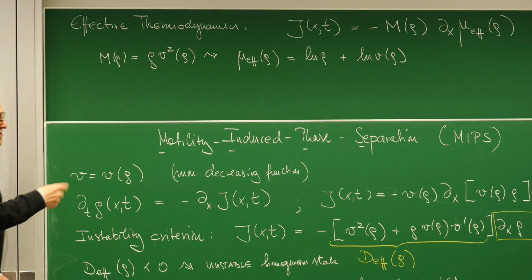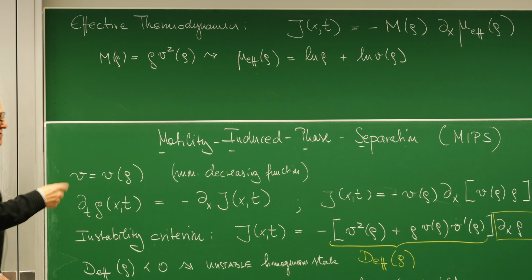And you can check, right? You just do the math, do the derivatives, and then you find that this formulation in terms of an Onsager coefficient and an effective chemical potential recovers the same kind of current that we have here.